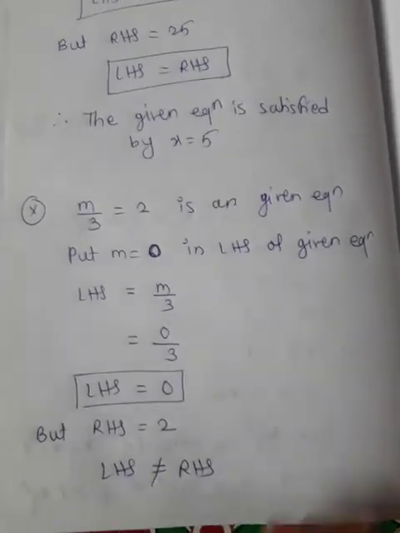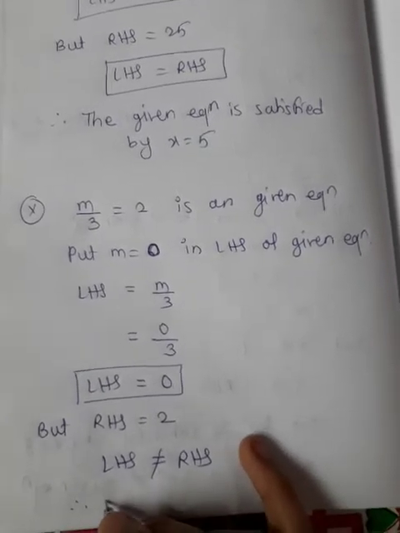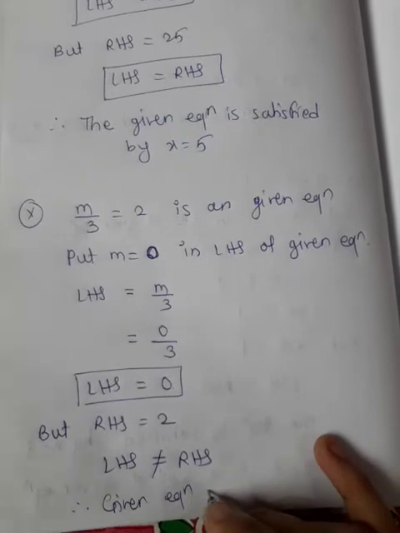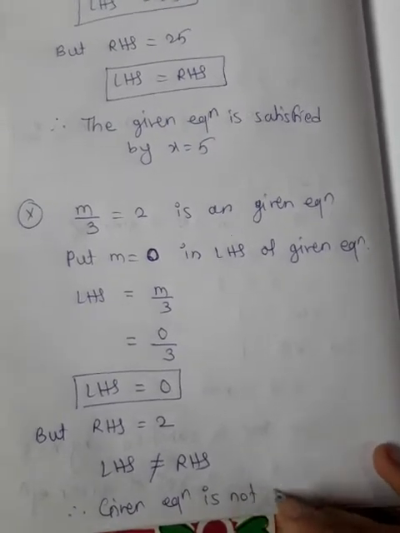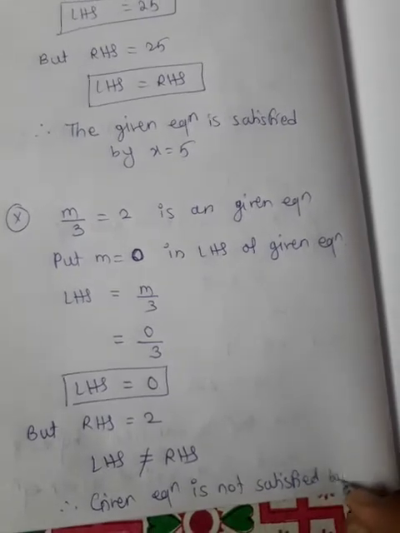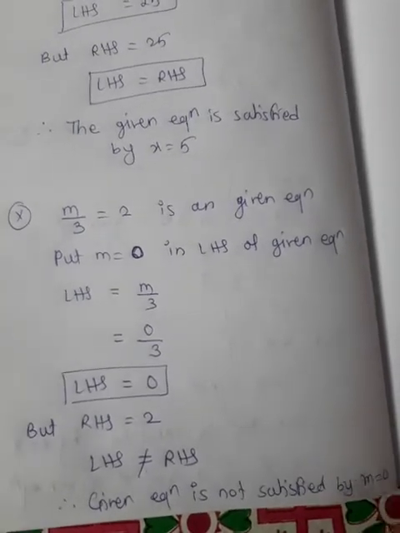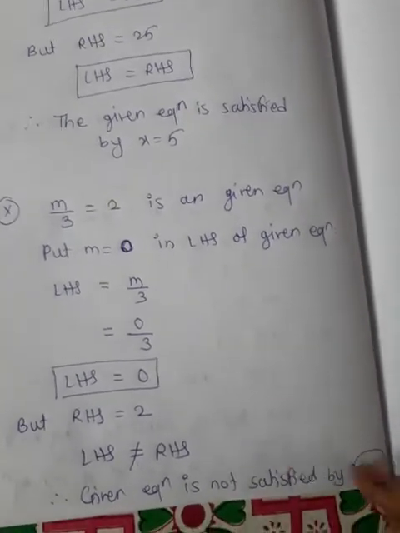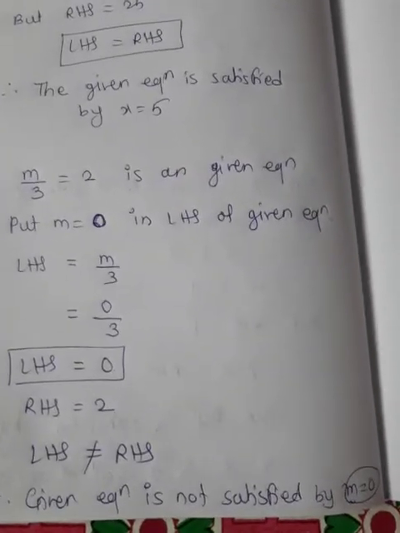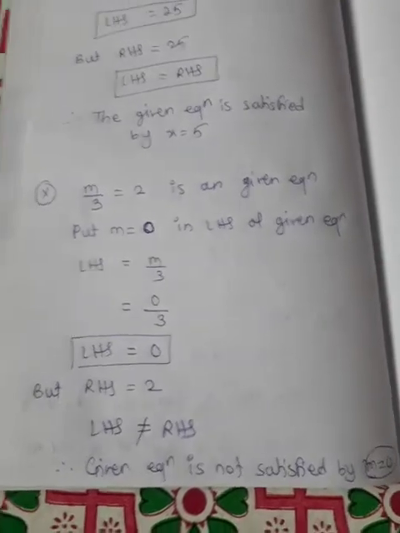Therefore the given equation is not satisfied by m is equal to 0, that is, m is equal to 0 is not a solution of the given equation. So like this you can solve the remaining 6 sub-questions.